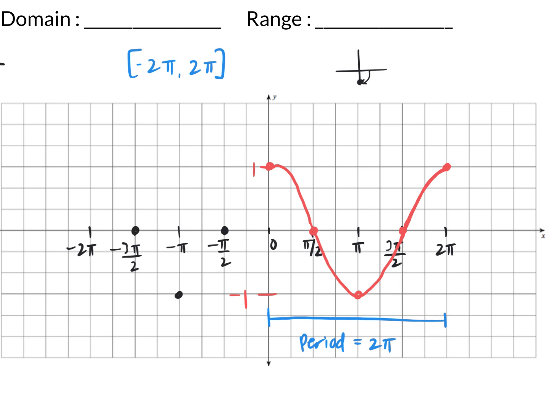And at negative 2 pi, I would be at 1. So if I connect all of these lines here, this would be your graph of cosine of x from the interval negative 2 pi to 2 pi. Okay, you can figure out the first part and then just reflect it over to find that second part. Does that make sense? Yeah? Cool.